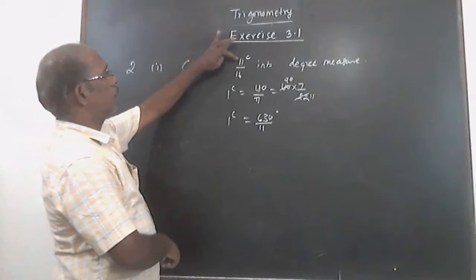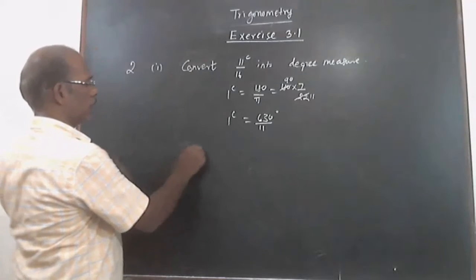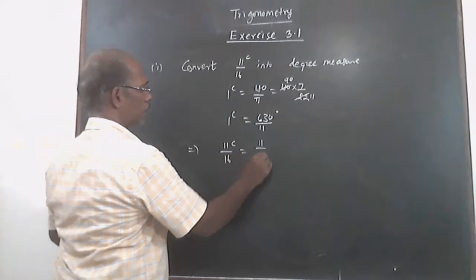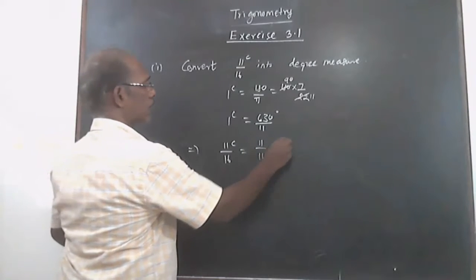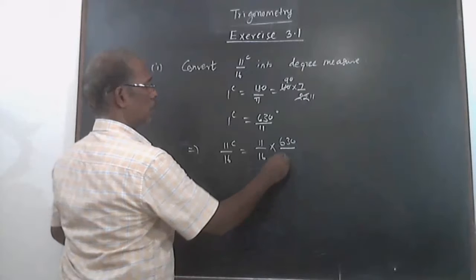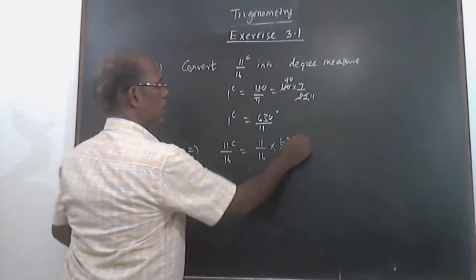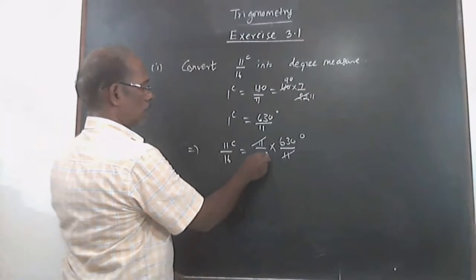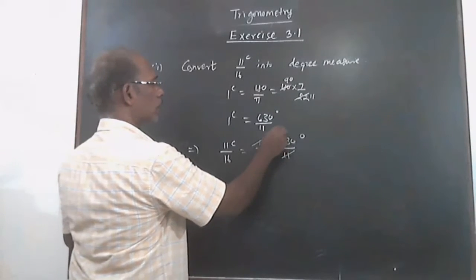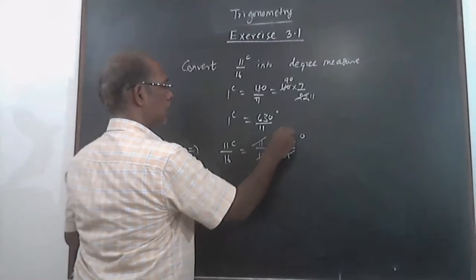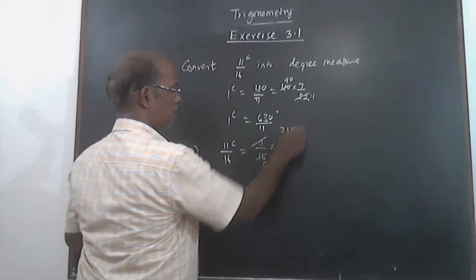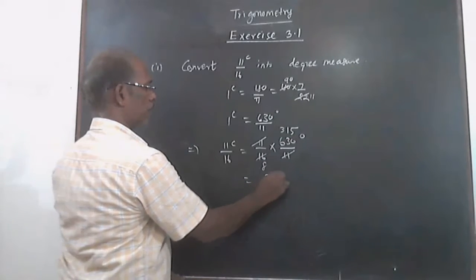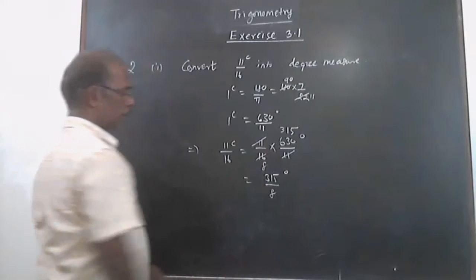Now we need to convert 11 by 16 radian. This implies 11 by 16 radian equal to 11 by 16 times 630 by 11 degree. So 11 and 11 cancel, and we get 315 by 8 degree.